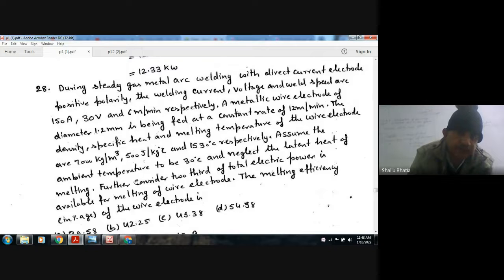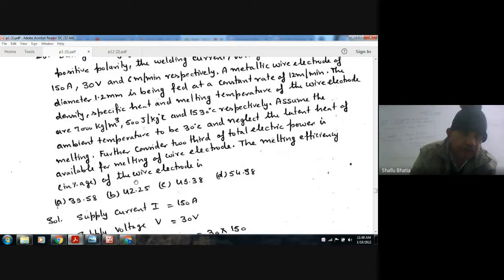The density, specific heat and melting temperature of the wire electrode are 7,000 kilogram per meter cube, 500 joule per kilogram per degree Celsius, and 1530 degree Celsius respectively. Assume the ambient temperature to be 30 degrees Celsius and neglect the latent heat of melting. Further consider two-thirds of the total electric power is available for melting of the wire electrode. The melting efficiency in percentage of the wire electrode is option A 39.58, B 42.25, C 49.38, D 54.98.